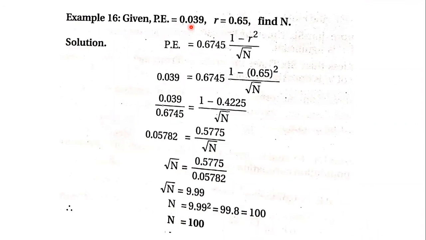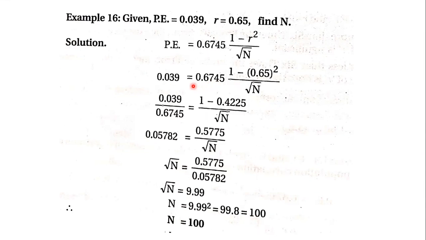PE also we know, 0.039. Now let us find N. So there's a constant 0.6745. So 0.039 is equal to 0.6745 into 1 minus 0.65 square whole divided by square root of N.